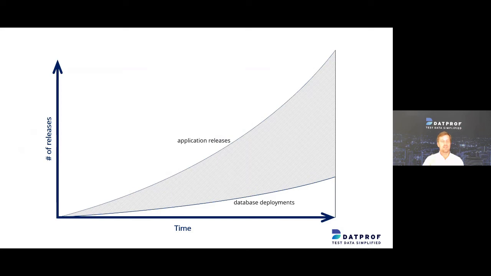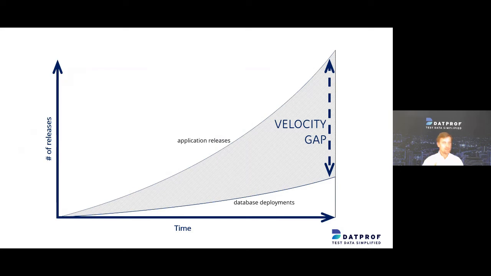If we don't have the database deployments and the application releases in line with each other, or at least the gap a little bit more closed, then we're not able to make sure that we have identified the right number of software code faults as early as we possibly can. And for that reason, we should really try to figure out how we can deploy these databases more quickly and more frequently to make sure that these are in line with application releases.